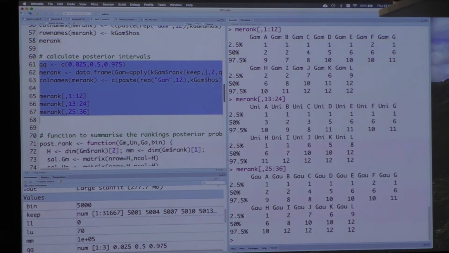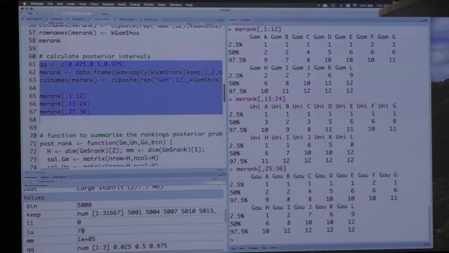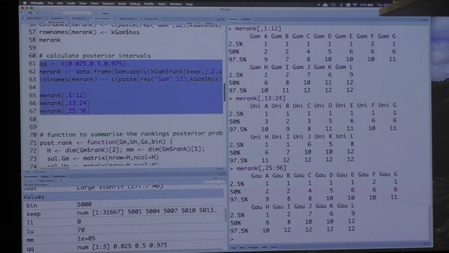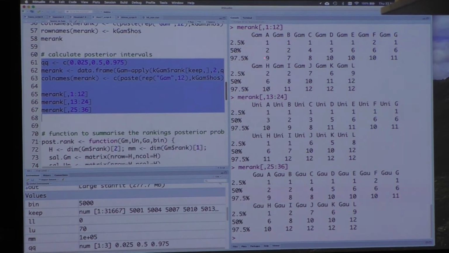Yeah. So again, I can do anything I want to with my samples. In particular, these are the median ranks for each one of the hospitals coming from each one of the priors. And these are the boxes, the 95% credible intervals for each one of them, right?